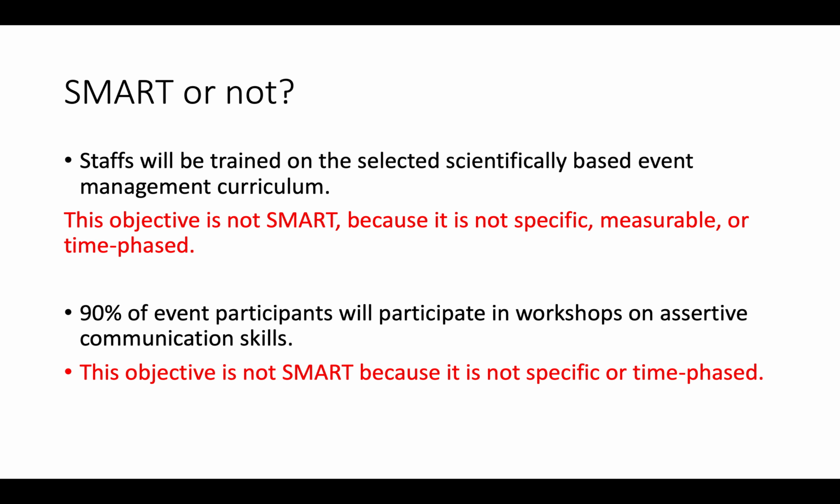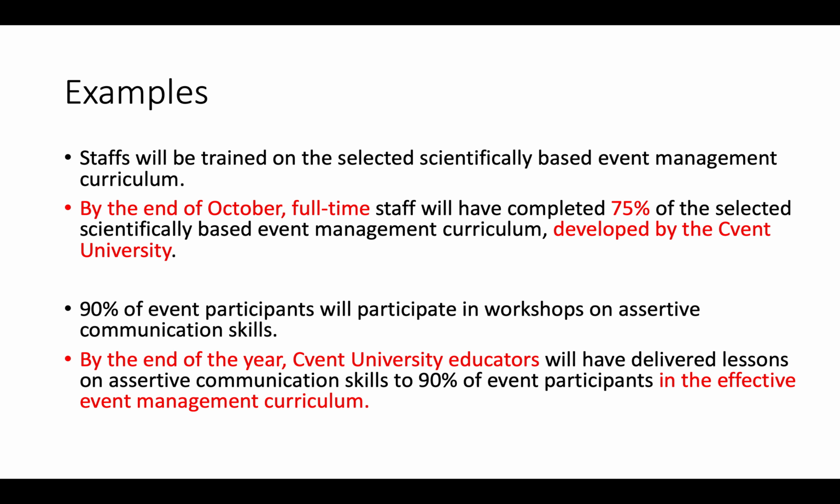How can we revise these two objectives to be SMART? Following are just my proposed ways for you to think. In order to revise the first objective to be SMART, we need to include a time frame, for example, by the end of October.